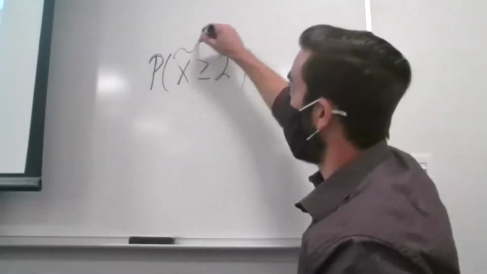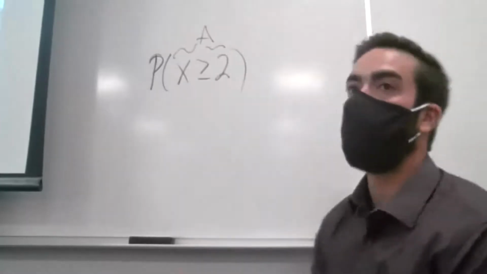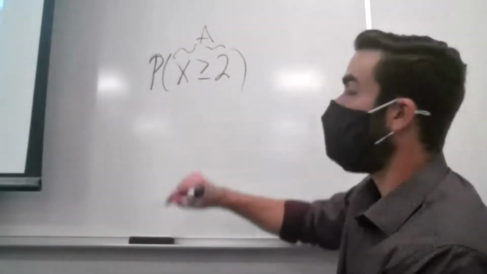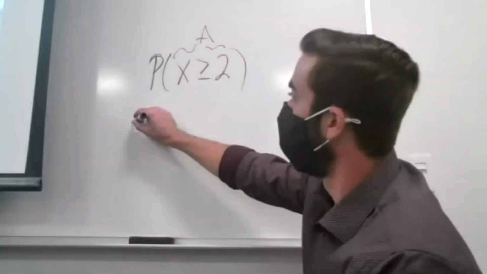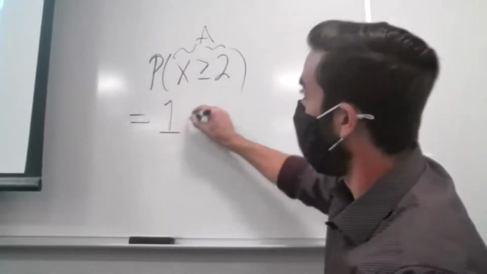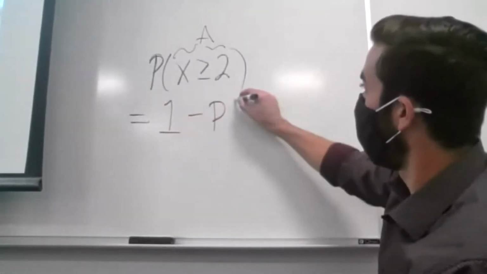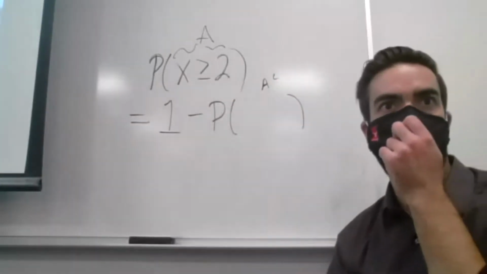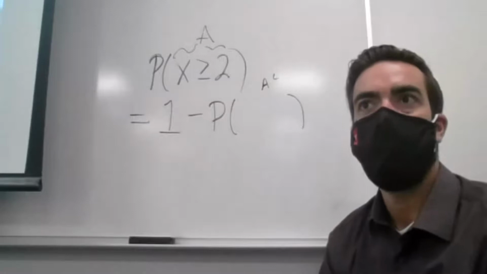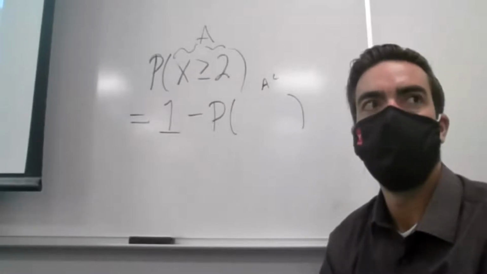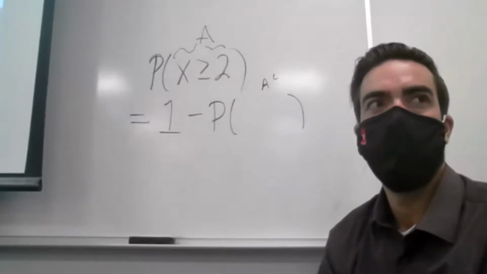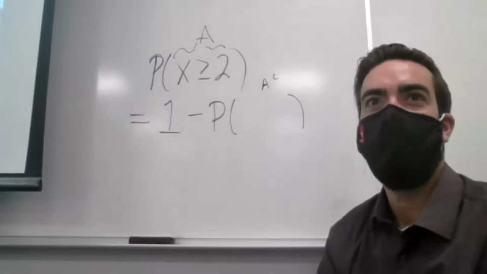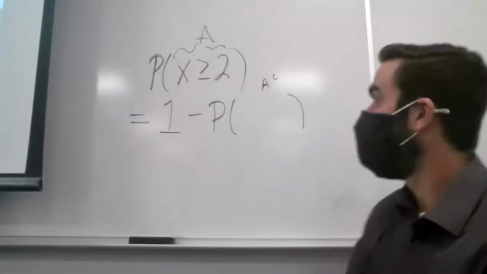Well, if we think about this as event A, how can I rewrite this using that complement rule? Just 1 minus the complement. So what's the complement here? If A is that X is greater than or equal to 2, X complement would be what?